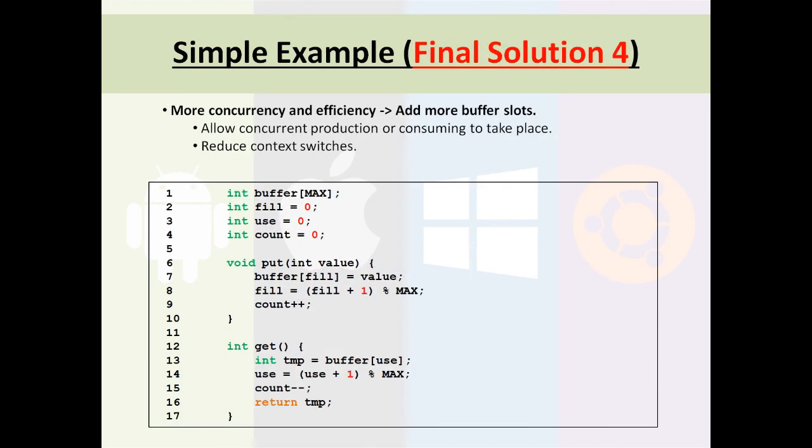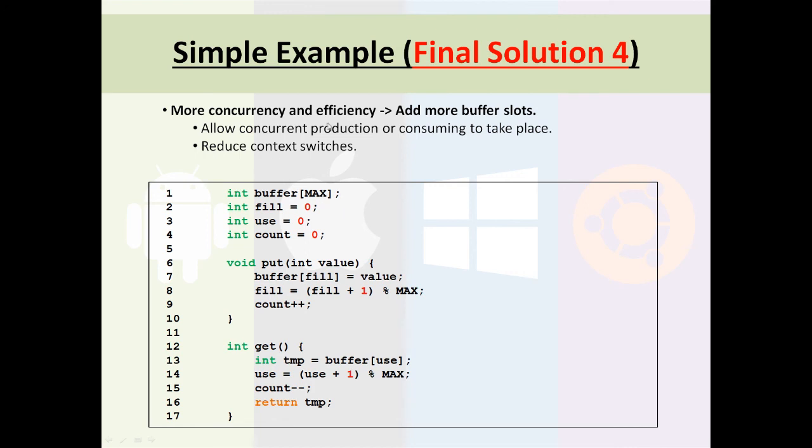Okay. So now that is definitely a solution that doesn't lead to any bugs, but there is one slight improvement that we can make, and that's going to be our solution 4, our final solution. And that is by basically increasing our buffer size, the maximum size of our buffer, or adding more slots to our buffer, should I say.